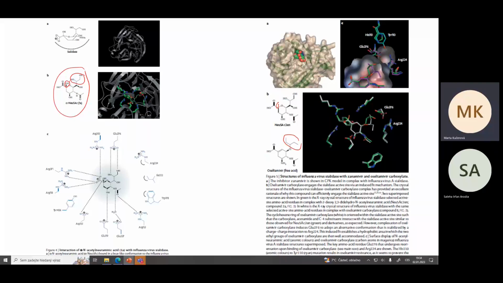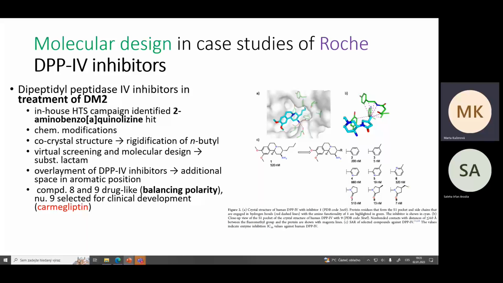So for development of zanamivir and oseltamivir, the knowledge of neuraminidase 3D structure was helpful.